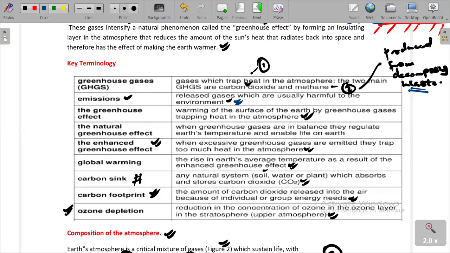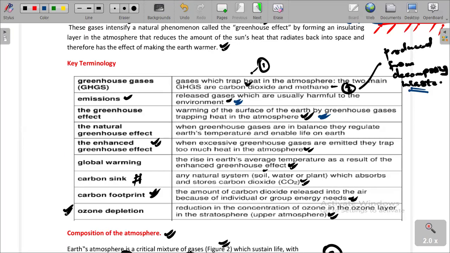And then we have the greenhouse effect, which is the warming of the surface of the earth by greenhouse gases trapping heat in the atmosphere. That is what I just illustrated above, that the greenhouse gases trap heat in the atmosphere because they are insulating, covering and avoiding the further rise of heat into space.